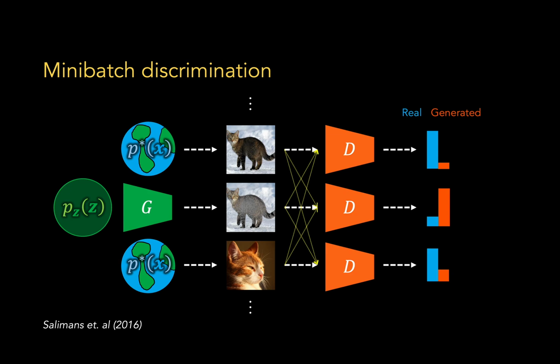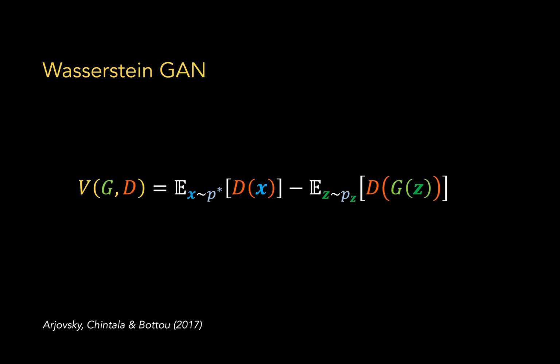This way, the discriminator can learn to detect that points are being generated when they all happen to be very close to one another, and so this reduces the effectiveness of the strategy of just producing one output, even if it is highly realistic. Yet another approach is the Wasserstein GAN, which is an alternative GAN framework introduced to address problems such as mode collapse and training instability. But that's beyond the scope of this video.